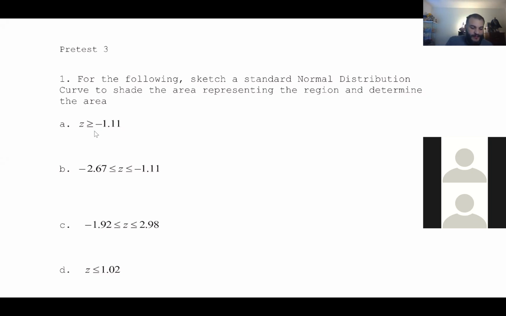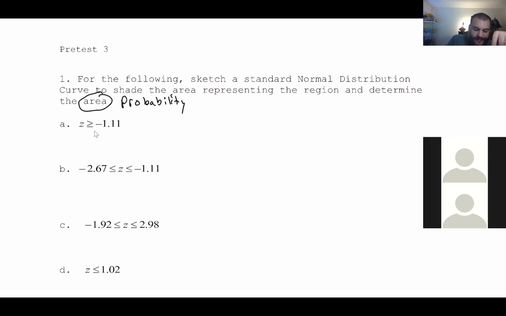When they say find the area, that's just another way of saying find the probability. So what we want to do is find the probability. One thing you should notice is they gave us a z value.